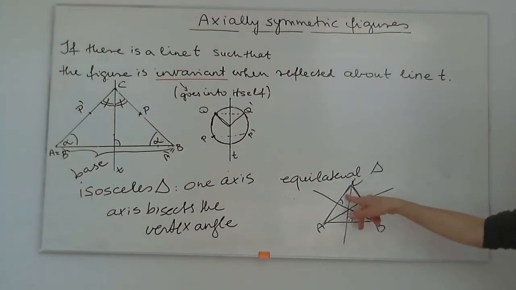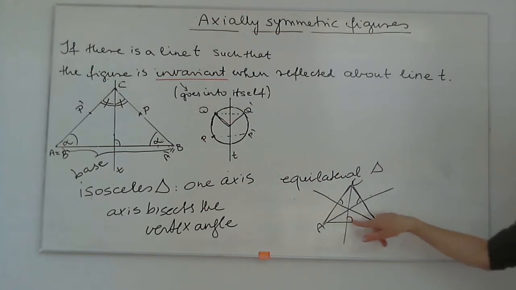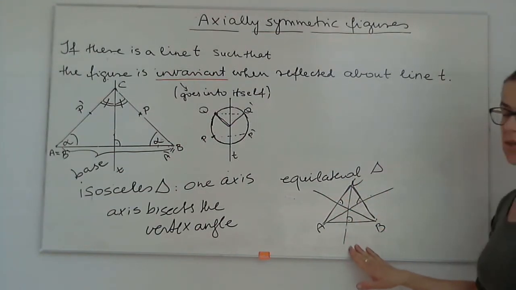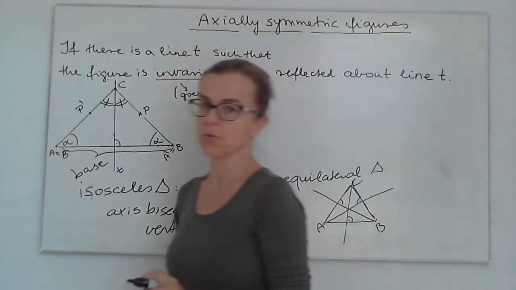The angle bisector of this angle is the perpendicular bisector of this segment, and it's also the altitude of the triangle. So this is a very special case. Equilateral triangles are the only triangles which have 3 axes of symmetry.